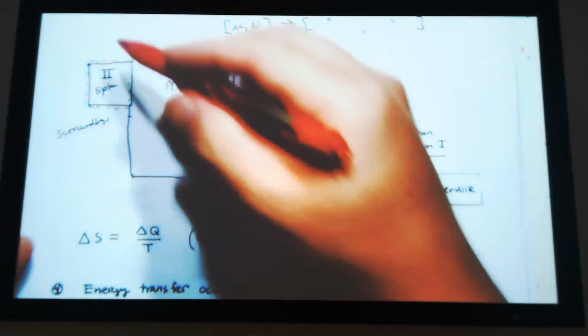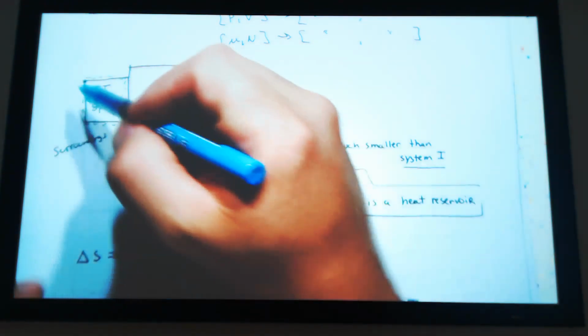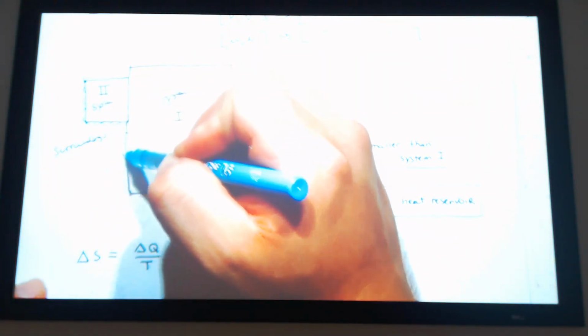I can draw a boundary around system 1. And I can draw a boundary around my combined system.